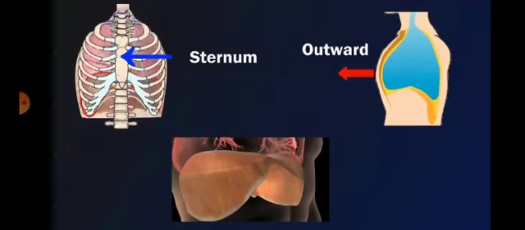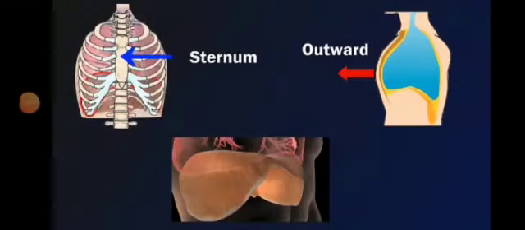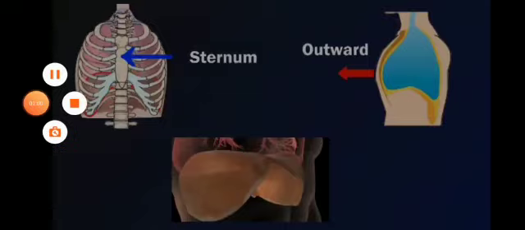One is the movement of the diaphragm, second is the movement of the sternum. The diaphragm moves inwards whereas the sternum moves outward. So this is the process in which inhalation occurs.